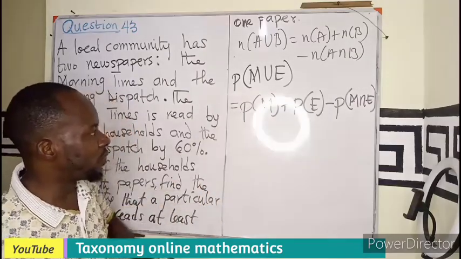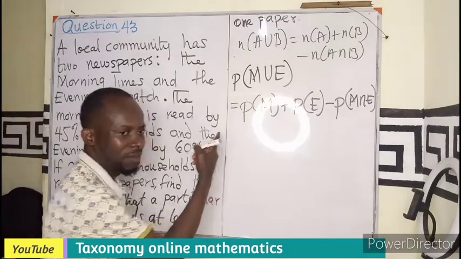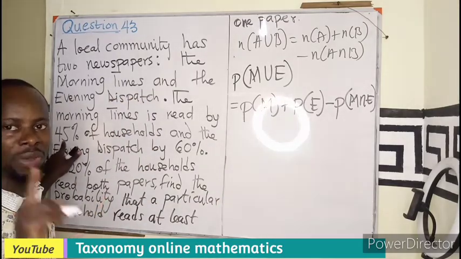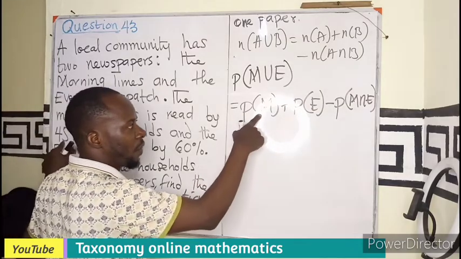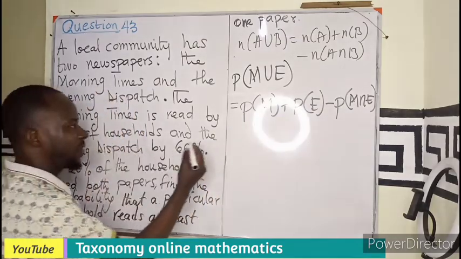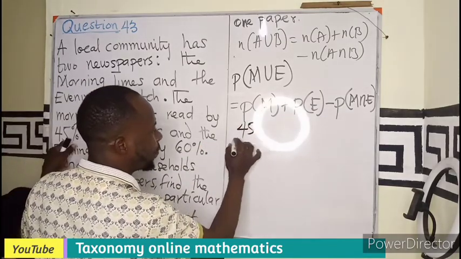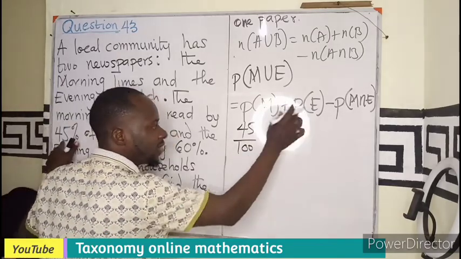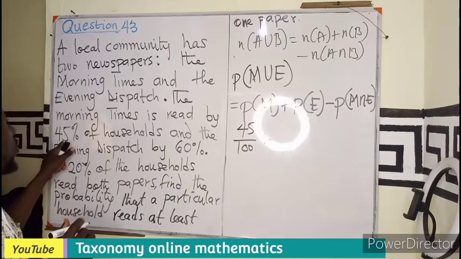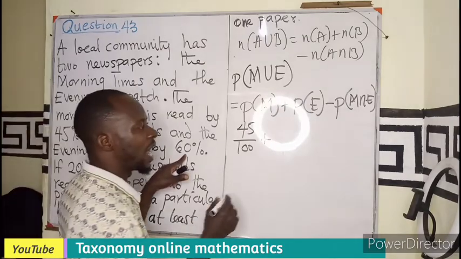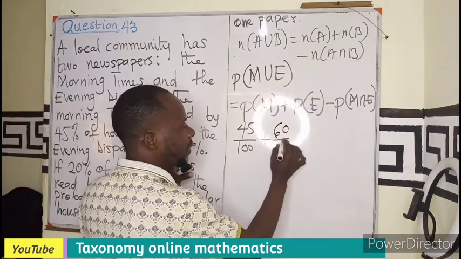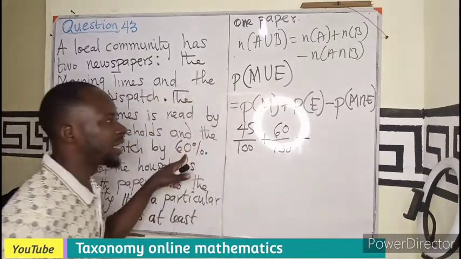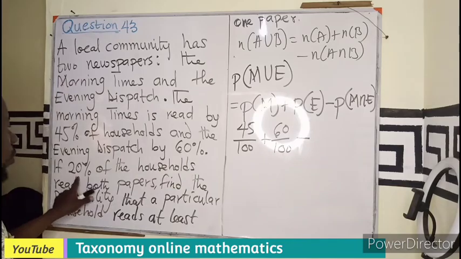So now if I want to find the probability of morning, we know the total is going to be 100. So for morning, which is 45, it will become 45 over 100, plus that of evening, which is 60 over 100, minus our intersection, which is both.